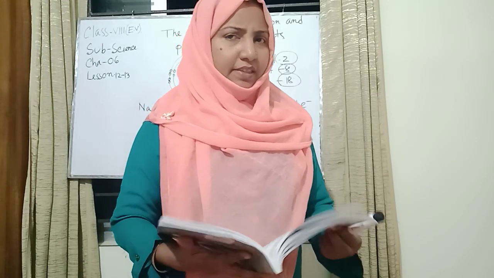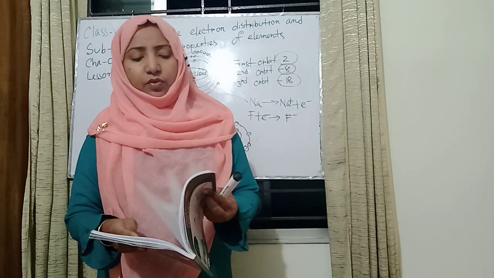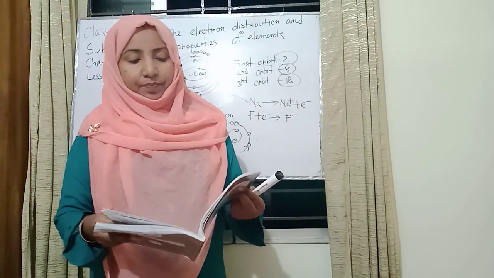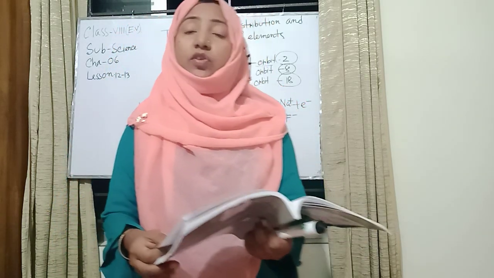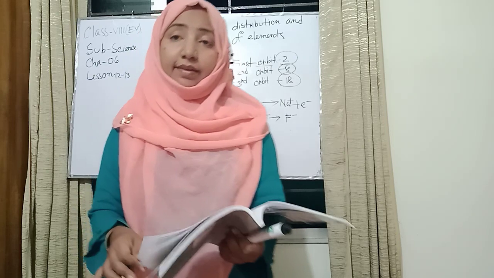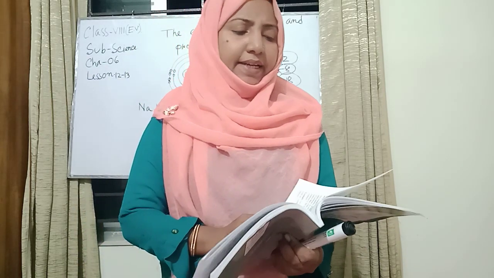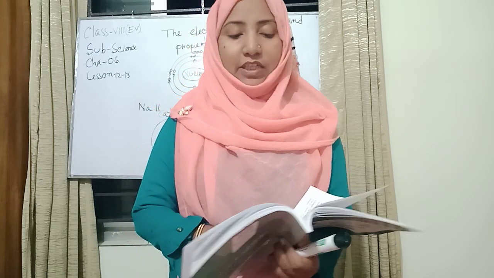Basically, this chapter is a chemistry-based chapter. We also know from the previous classes the structure of atoms. First, we learned the evolution of the idea of atoms and their structure. Second, lessons 4 to 6: atomic number, mass number and isotopes.